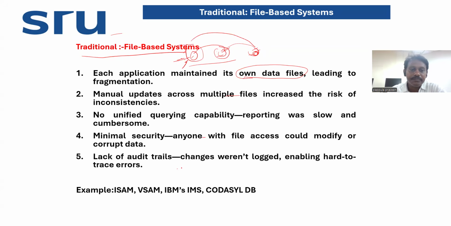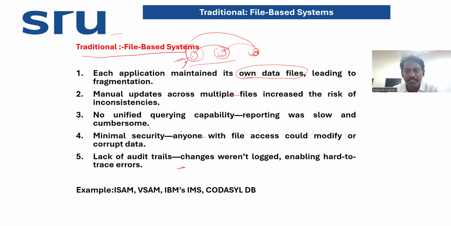And the next one is no unified querying capabilities. Reporting was slow and cumbersome. Here there are no proper queries to retrieve the data, to update the data, as well as to delete the data. That's why the system will be slow. And minimal security: modern databases provide high security, but traditional databases provide low security.